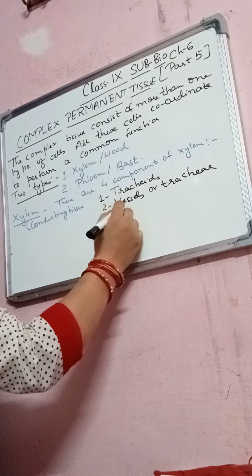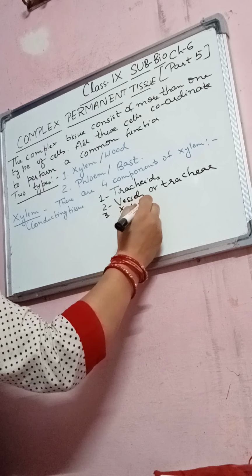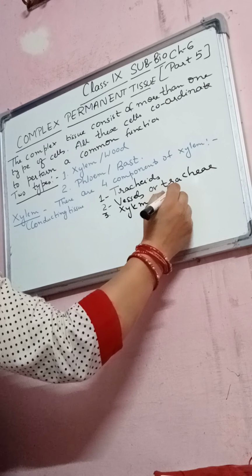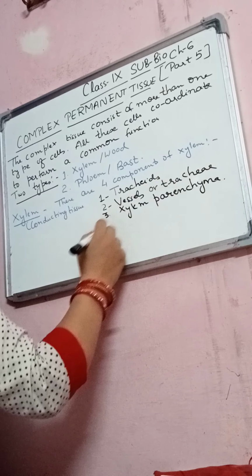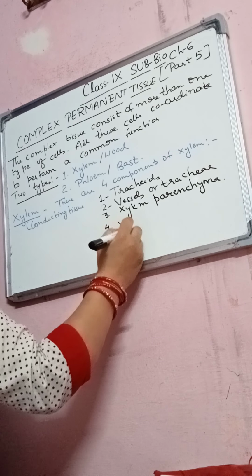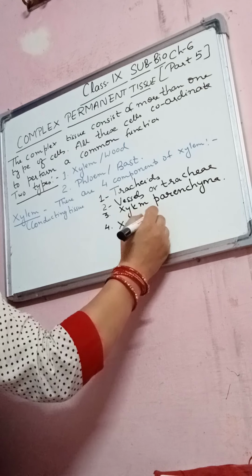Number third, xylem parenchyma. And number fourth is xylem fibers.